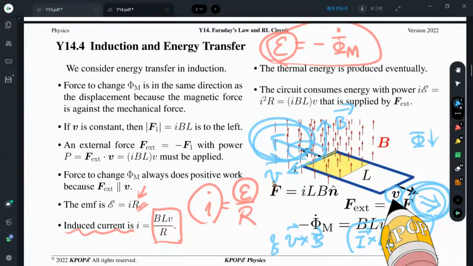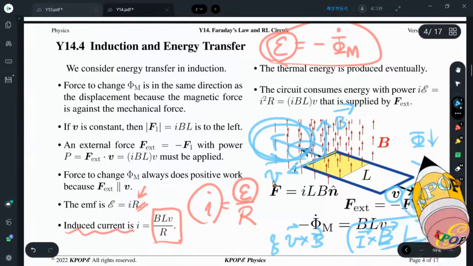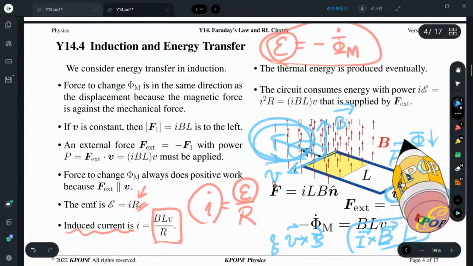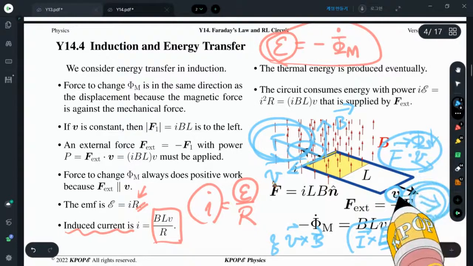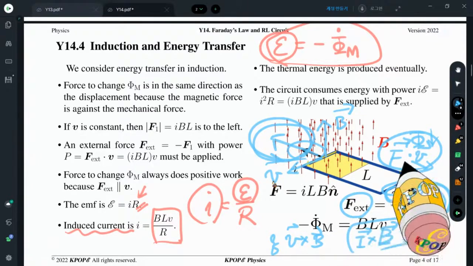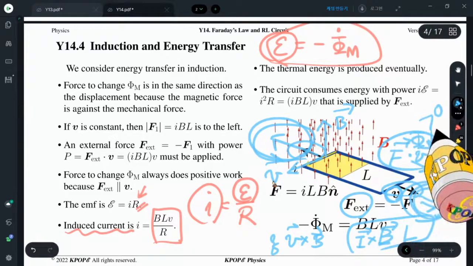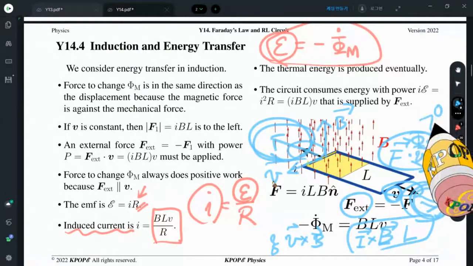In that case, you have work, your force and velocity that creates F dot V. They are parallel. Your external force and the velocity are parallel. So it is positive. That means your power is positive.